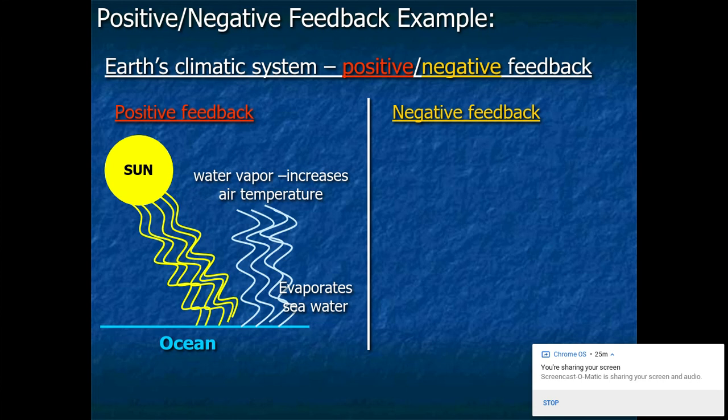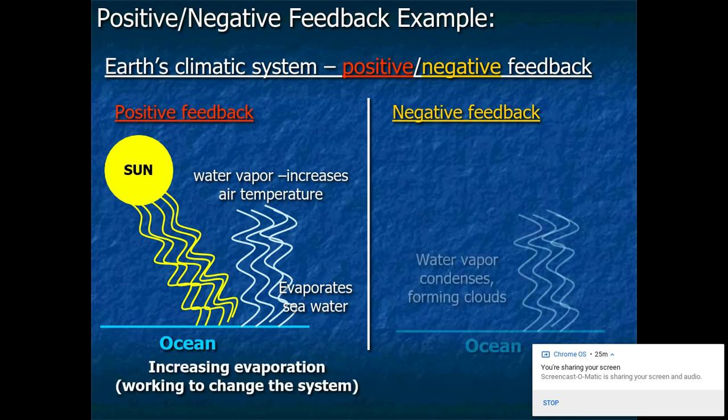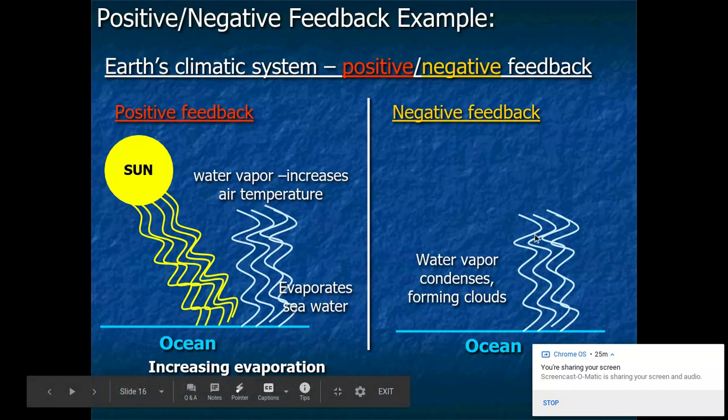So now we need something that's going to resist this change and begin to put the atmosphere in what I like to call a temperature check. So on the other side of the screen, under negative feedback, we're going to now allow this water vapor to enter the atmosphere.